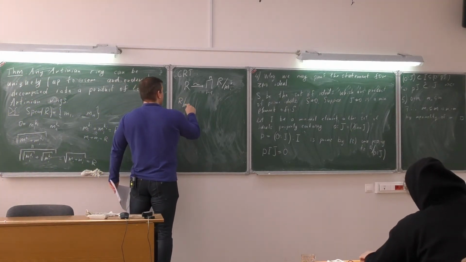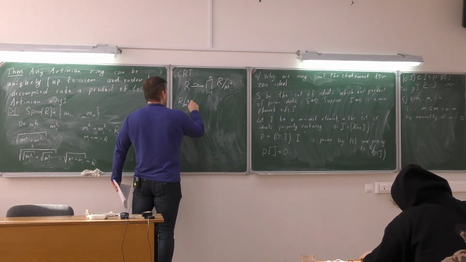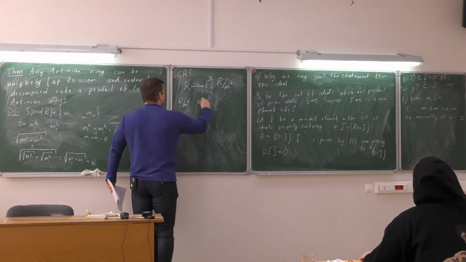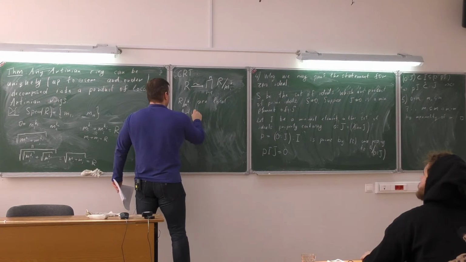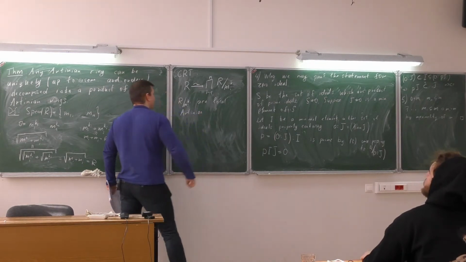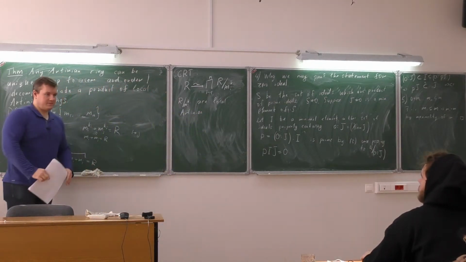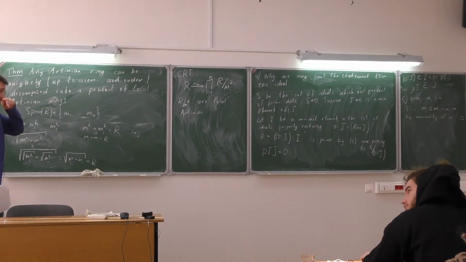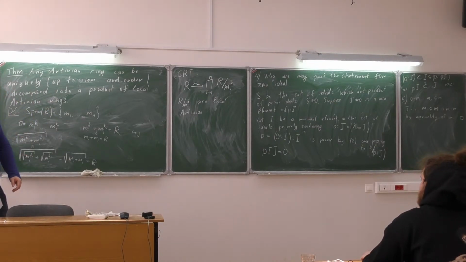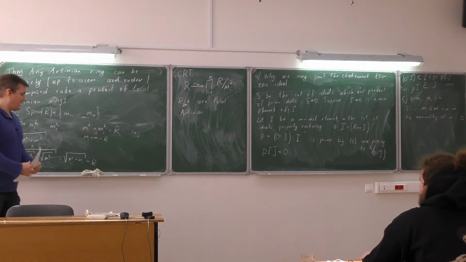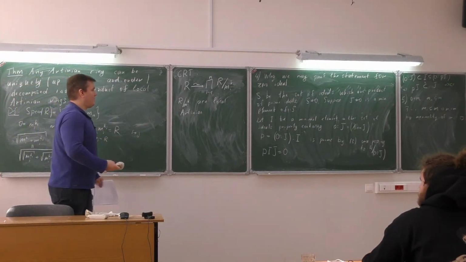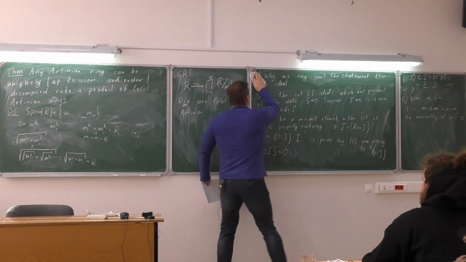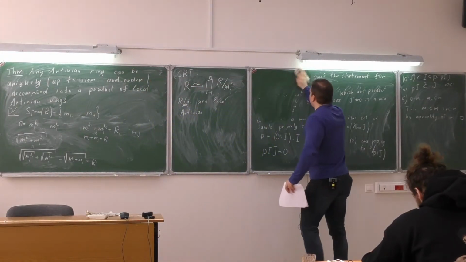Now, all these quotient rings are local Artinian. Right? So why are these local and Artinian rings? Because it's a quotient of an Artinian ring. And local?